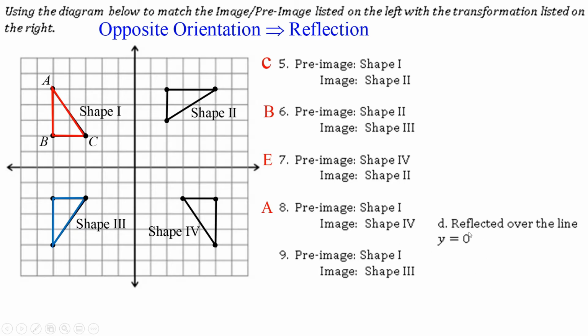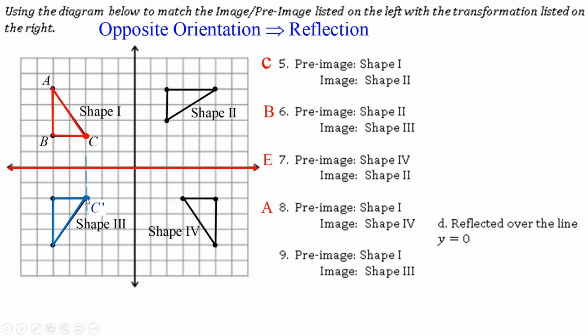Now, is it, though, a reflection over the line y equals 0? Well, you know y equals 0 is the horizontal line where every y coordinate is 0. So that would be, let's label C, C prime. And now let's go for that y equals 0. Right there, y equals 0. Now, does it look to you like C has been reflected over our line to end up at C prime?